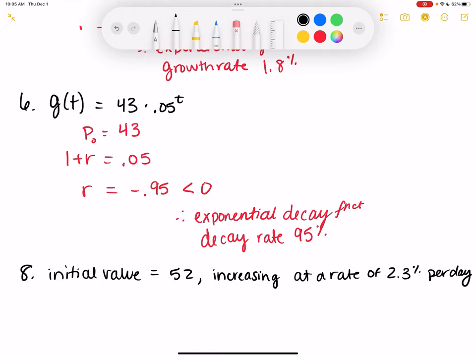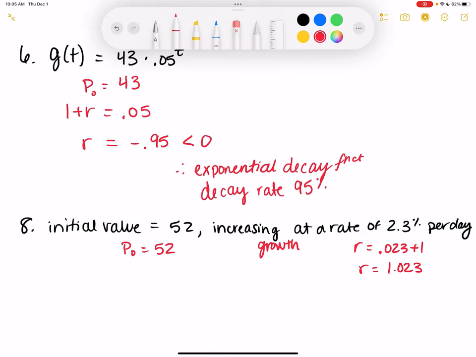So is this going to be a growth or decay problem? It's growth. My P0 is what? P0 is 52. And then my rate, remember, it's R plus 1. So the rate is 2.3%. We need to make that a decimal, so it's going to be 0.023 plus 1, or 1.023.